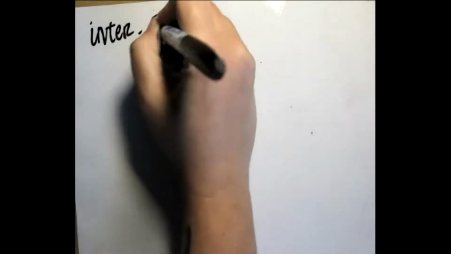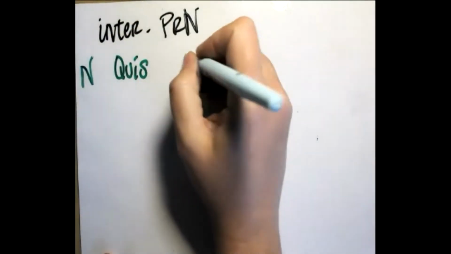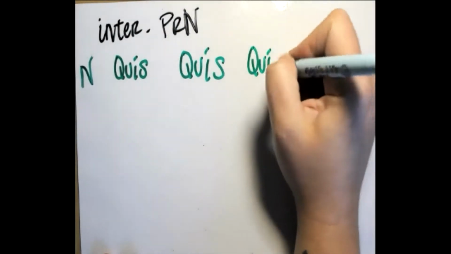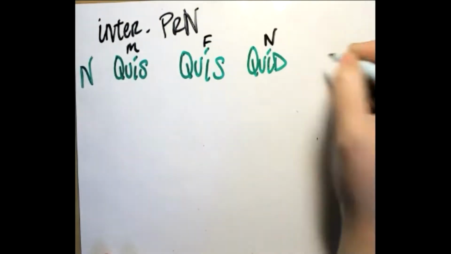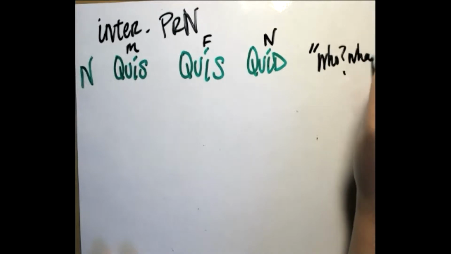Where our relative is qui, quae, quod, your interrogative, let me give you the nominative here, is in the masculine quis, in the feminine quis, and in the neuter quid. Masculine, feminine, neuter. So this would be like who, what, which.